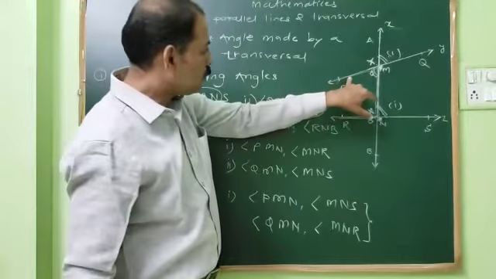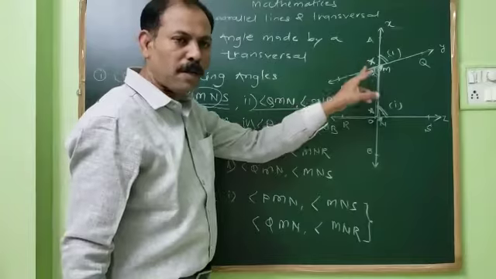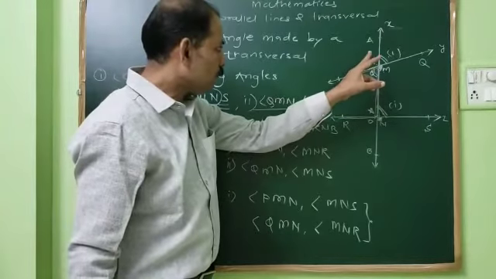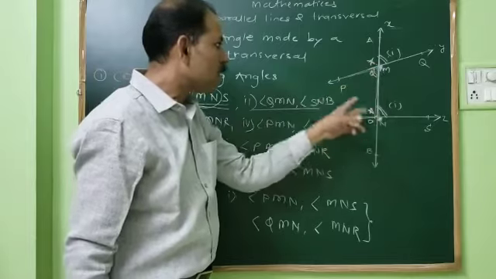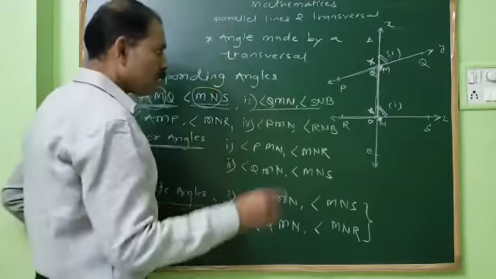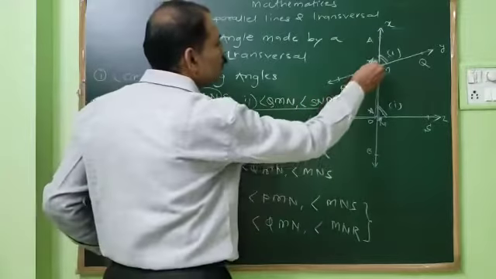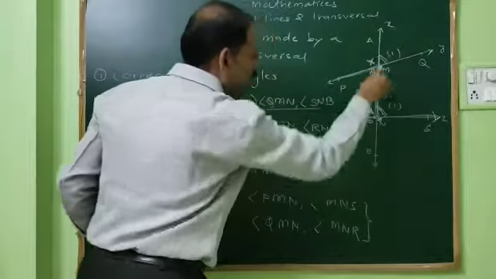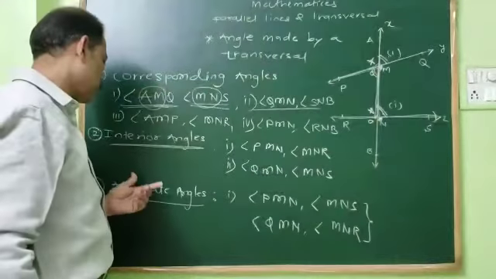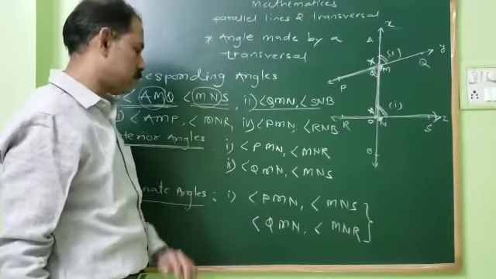Again, I state the definition of alternate angles: a pair of angles whose arms are in opposite directions of the given transversal, then the pair of angles is said to be alternate angles.